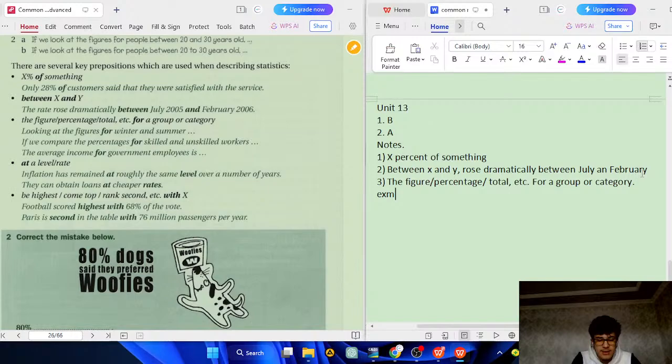For example, examining the total growth.